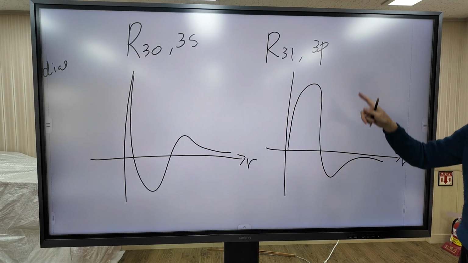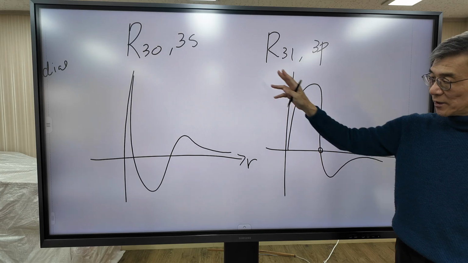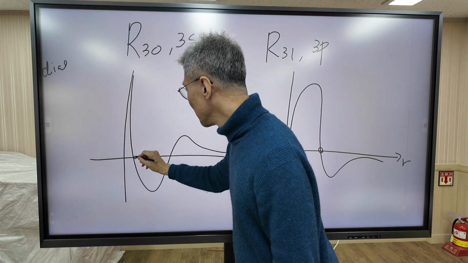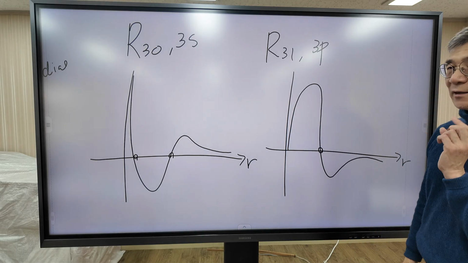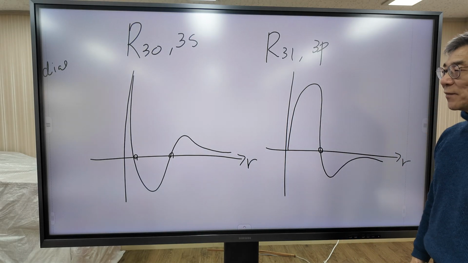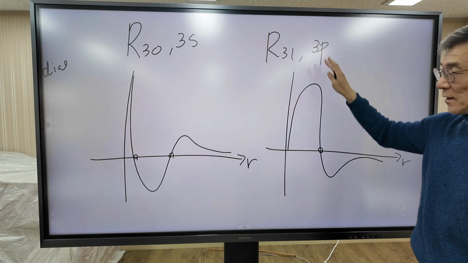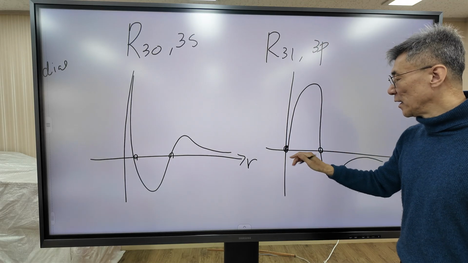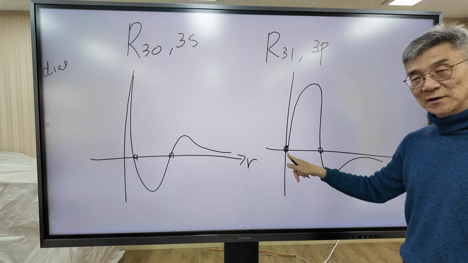So there are two differences between the 3s orbital and 3p orbital. For 3p orbital, we have only one radial node. But for 3s orbital, we have two radial nodes. This is the first difference. And the second difference is that the function value at r equals 0 is different. For 3p orbital, the function value at r equals 0 is 0, right? But this is not a node, okay?